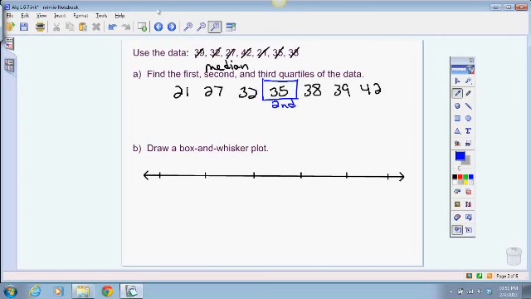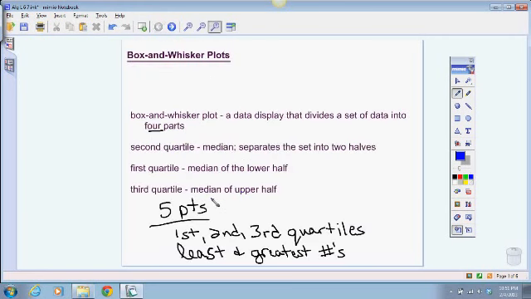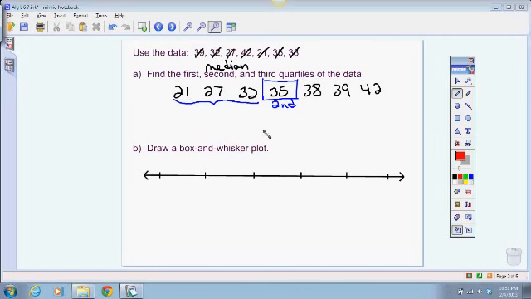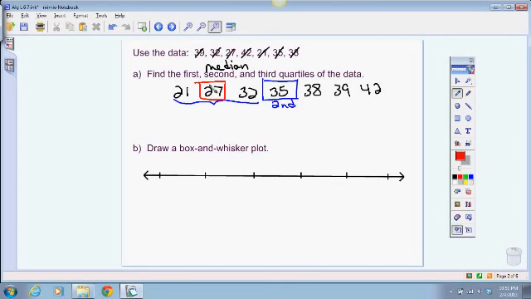Now our first and third quartiles are the median of the lower half and the upper half. This is my lower half, everything to the left of the median. Whatever number is your median, anything to the left of it. If you look for the middle number there, the middle number is 27. That's our first quartile.